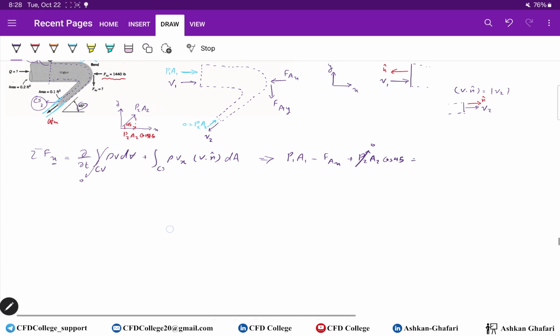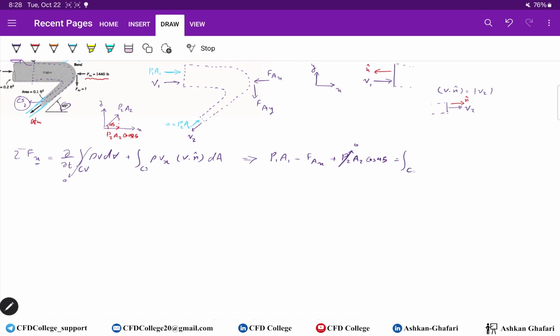Equals, we have two control surfaces, and control surface 1 rho Vx is V1. As you can see, V1 is parallel to x direction, so V1x is V1, and V1 dot n, since we have inlet, as I mentioned, V dot n equals minus V1 dA.